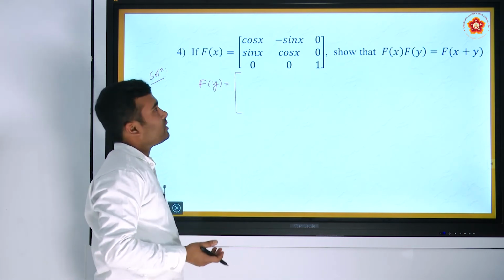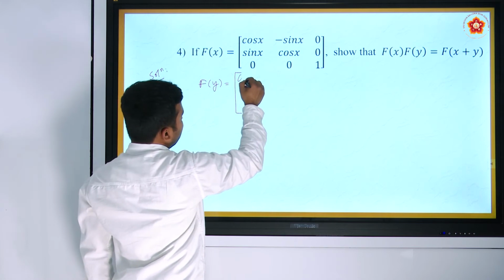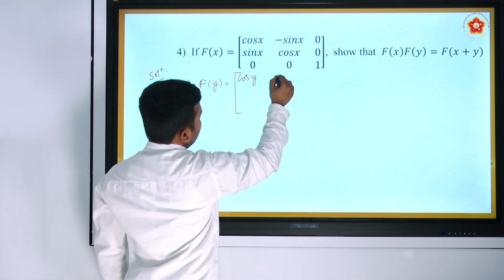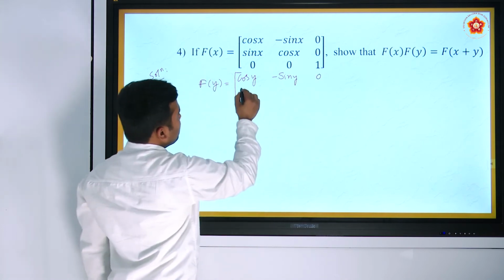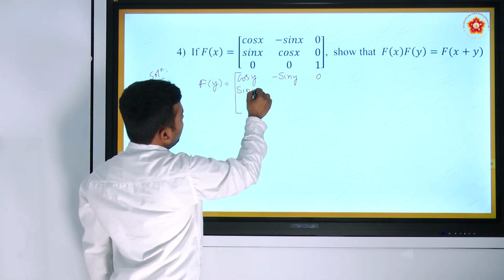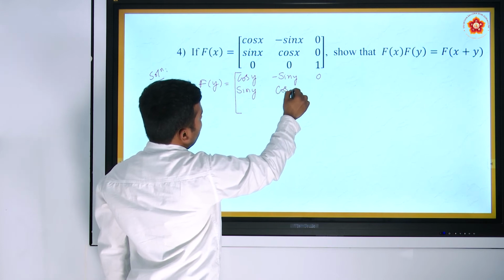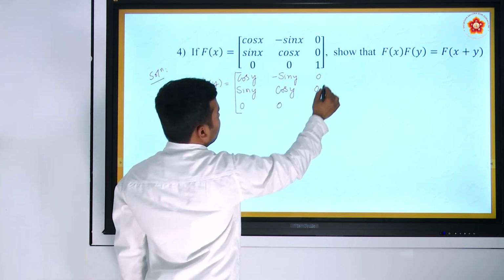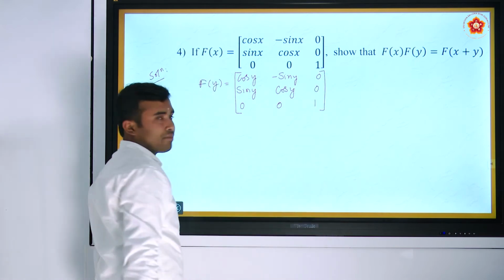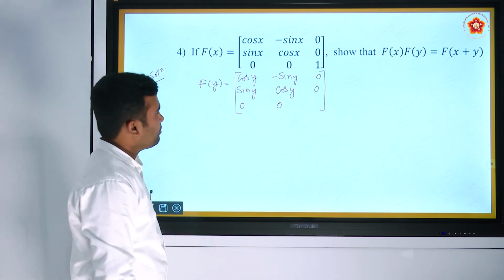Similarly, you replace x with y. It becomes cos y, minus sin y, 0, sin y, cos y, 0, 0, 0, 1. This is f of y.